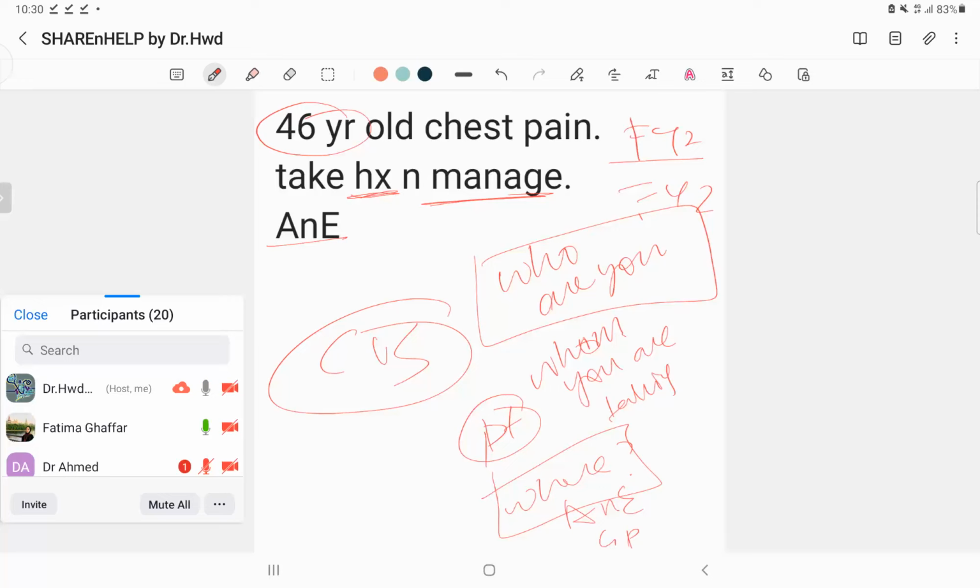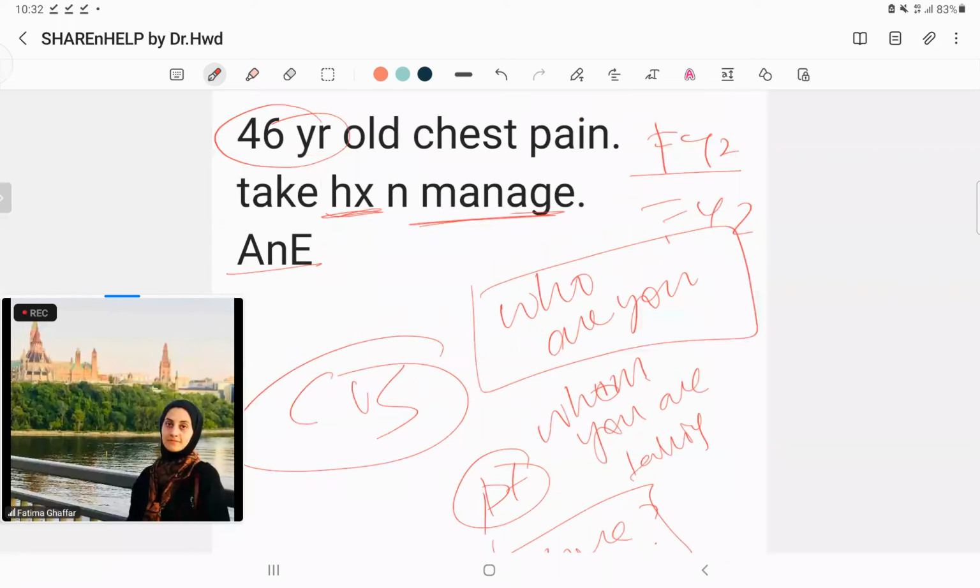Number three is if they are your routine or regular patient. These are the three situations, whether it be the accident and emergency department, the cardiology department, or the GP clinic, where you would say that you know them. Here it's open-ended. In accident and emergency, unless they say you know this patient, you don't know them, right?